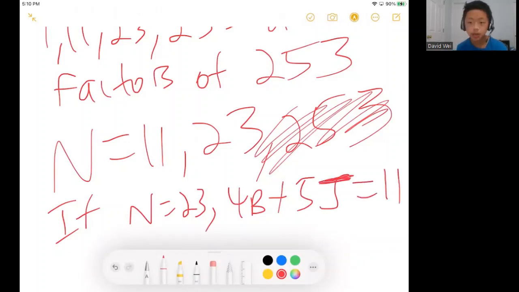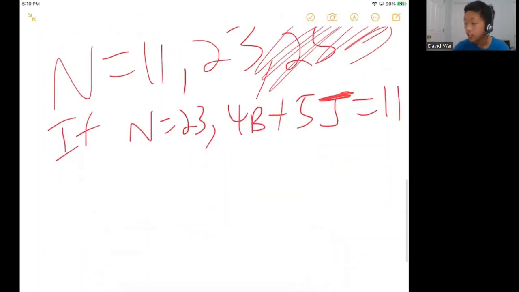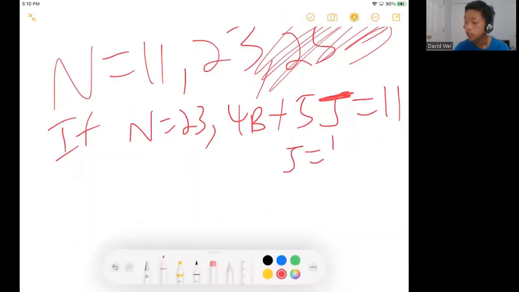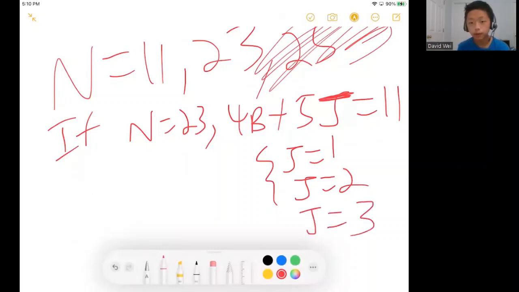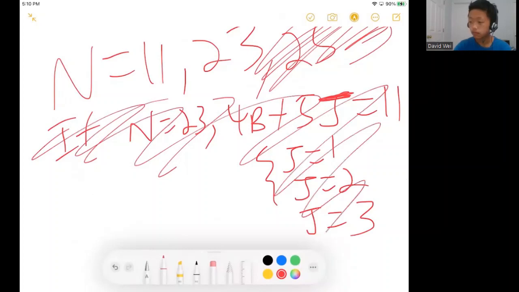You can guess and check: if J equals 1 or 2, neither yields an integer value for B, and J equals 3 gives a negative value of B, which makes no sense. So 23 does not work.